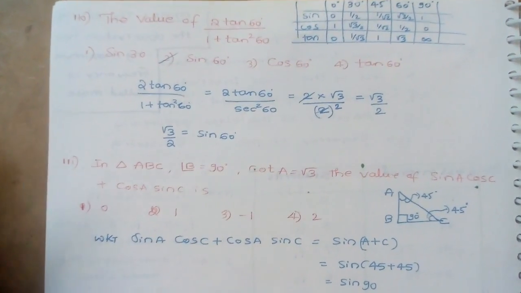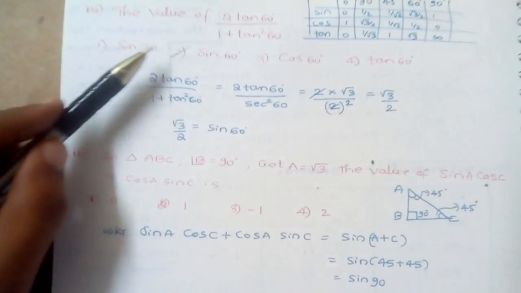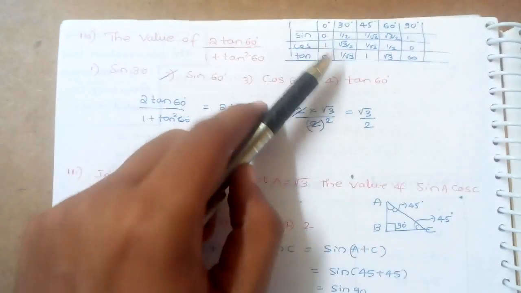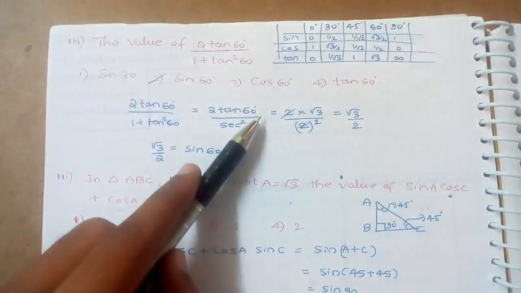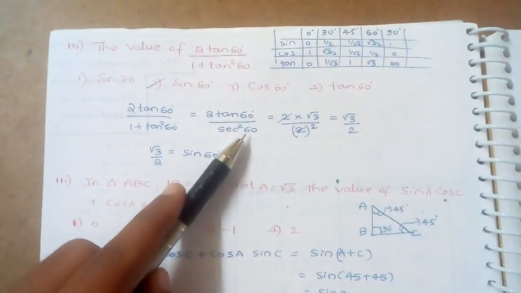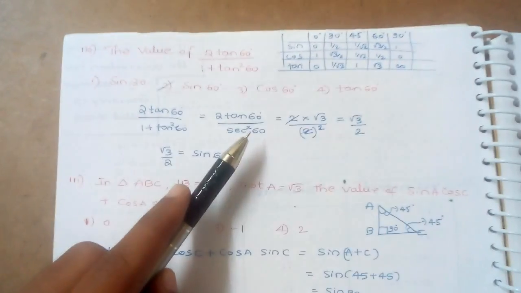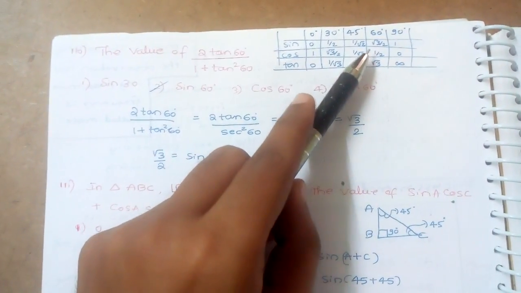The value of 2 tan 60 divided by 1 plus tan square 60 degree. 2 tan 60: if you know this table, tan 60 means root 3, so 2 into root 3. Sec 60: for sec 60 what we have to find, 1 divided by cos is sec. So we have to find cos 60. Cos 60 is 1 by 2.